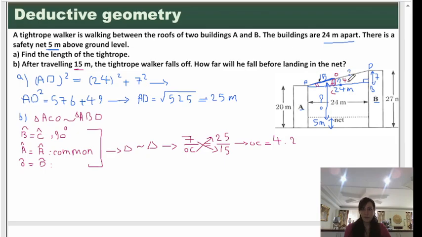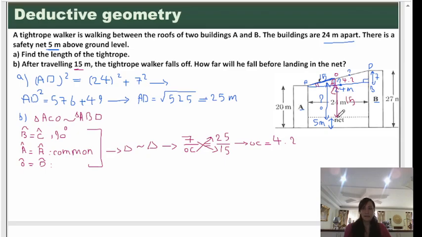So I get this height is 4.2. I put 4.2 here. Now I am going to find this height from where the tightrope walker falls. The height of building A is 20 and the net is 5 meters above the ground, so this height would be 20 minus 5, which is 15.